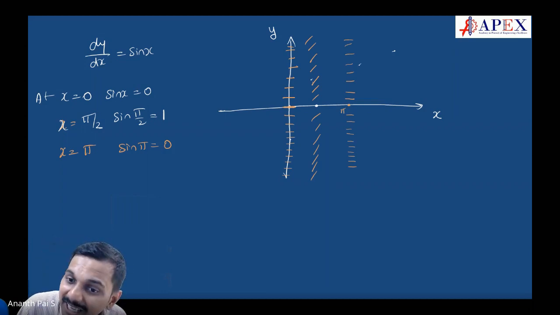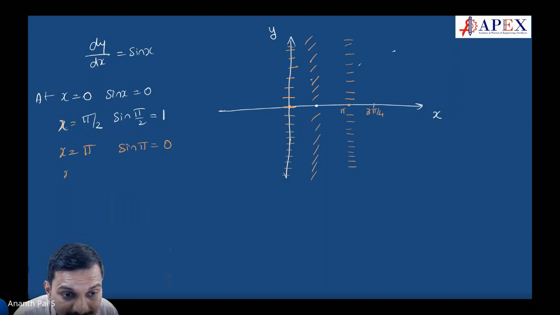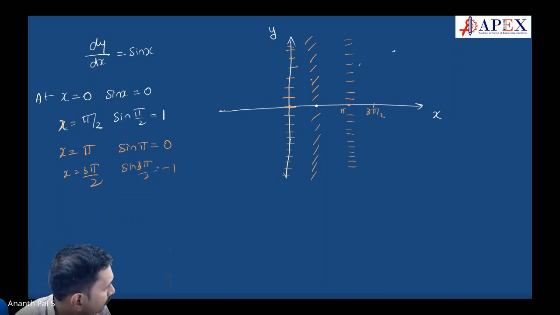If I say 3 pi by 2, what's the value? I'm sorry, not 3 pi by 4, 3 pi by 2. Sine 3 pi by 2 is equal to minus 1. So what are the slopes here? Slopes are all negative.